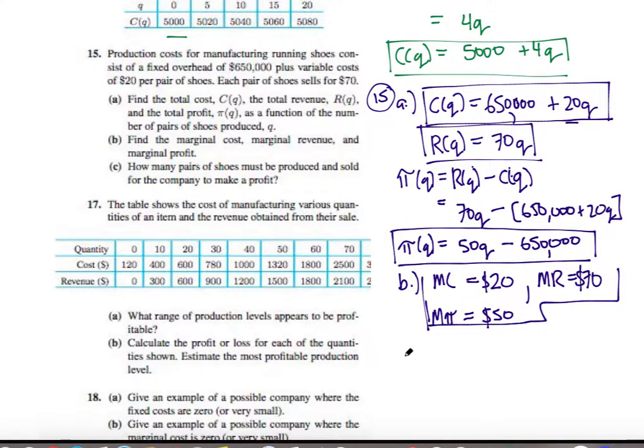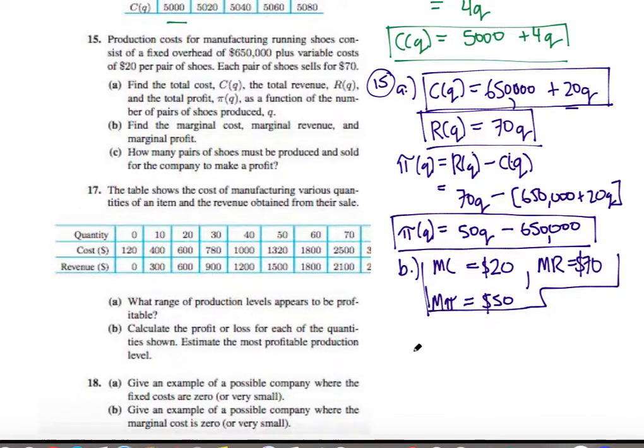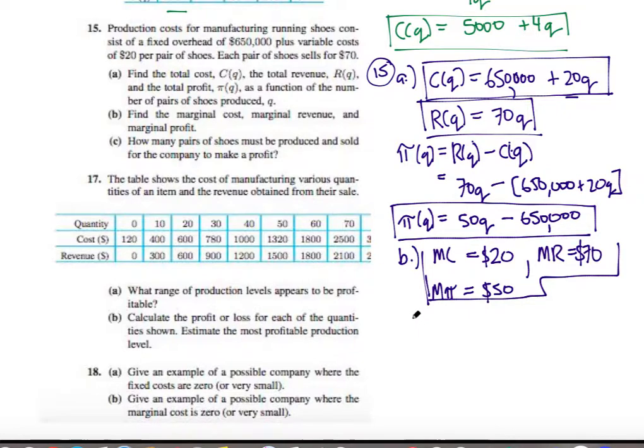Now, the last part of this question asks us to see how many pairs of shoes must be produced and sold for the company to make a profit. So we can do this two ways, but the easiest way, since we've already come up with a profit function, is to just say, when does our profit start to become positive? And that happens when it goes through 0. So I'll just set my profit function equal to 0 and solve for Q. So I have 50Q equals 650,000.